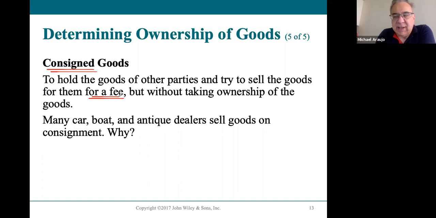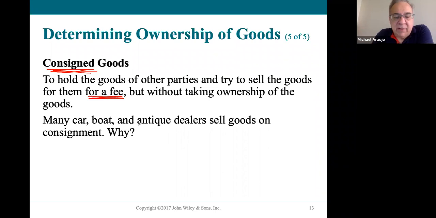You'll often see a truck outside from Coke or Pepsi or Frito-Lay or one of the other chip types, Doritos, whatnot, coming in and stocking the shelves. Why? Because those are consigned goods. The supermarket is simply collecting a fee for basically renting the aisle space to that. So it wouldn't be part of their inventory.